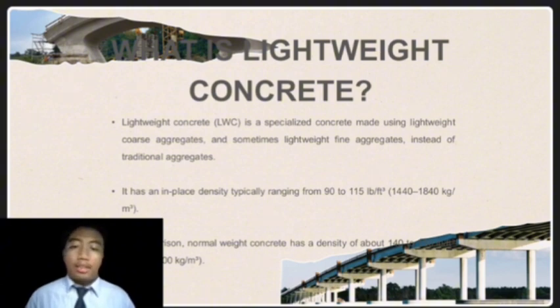To put that in perspective, normal weight concrete is significantly heavier, usually sitting around 140 pounds per cubic foot. This reduction in weight is incredibly beneficial for large structures like the bridges and tall buildings depicted in the background images here.